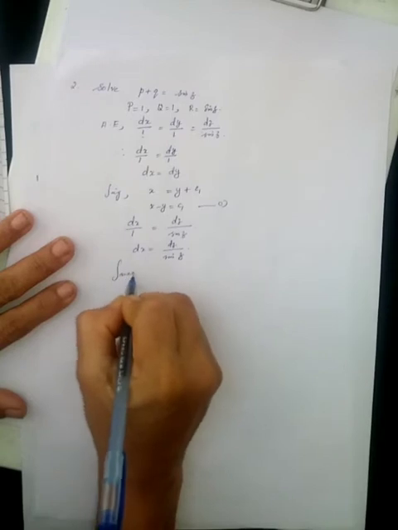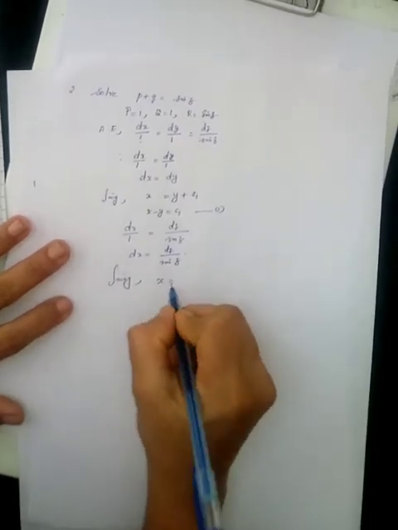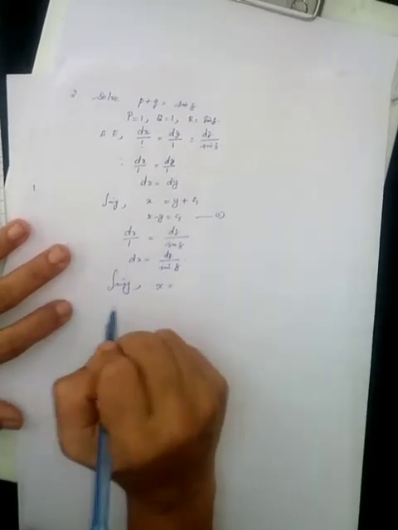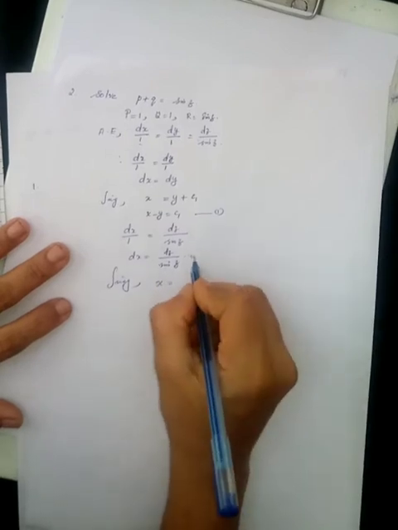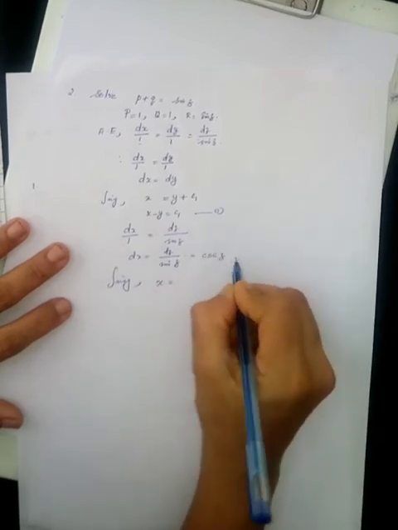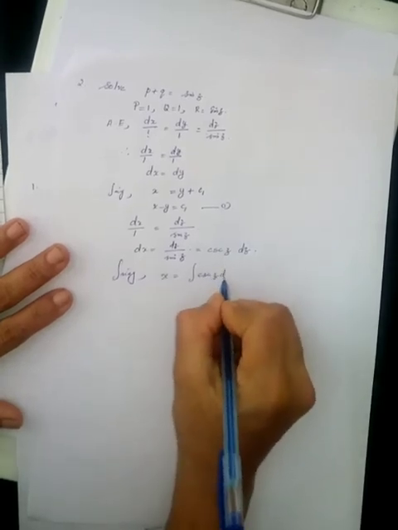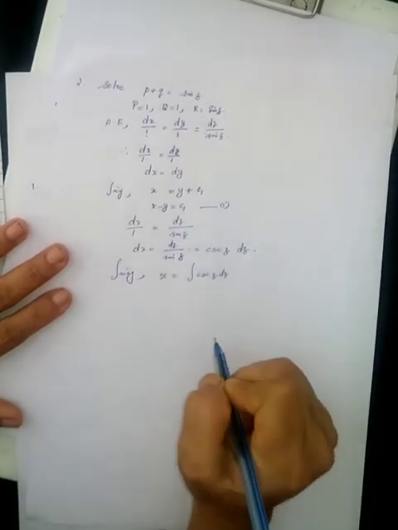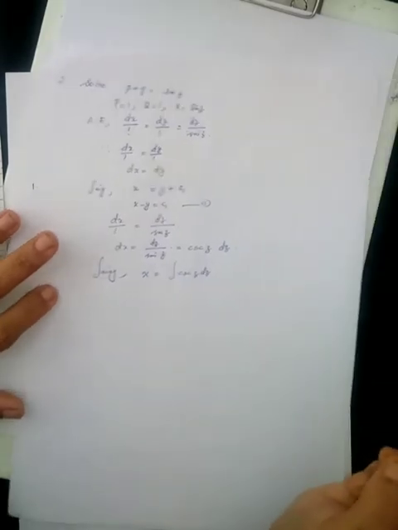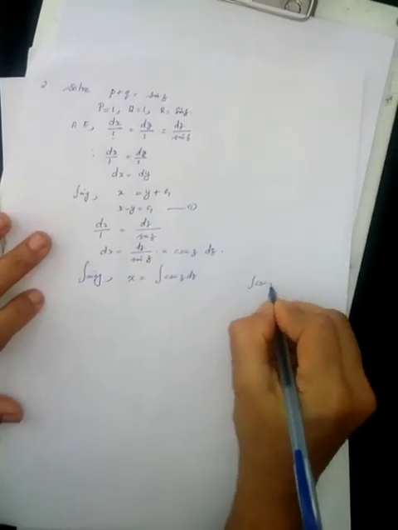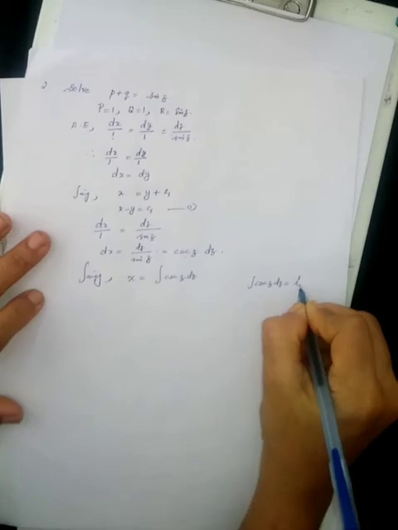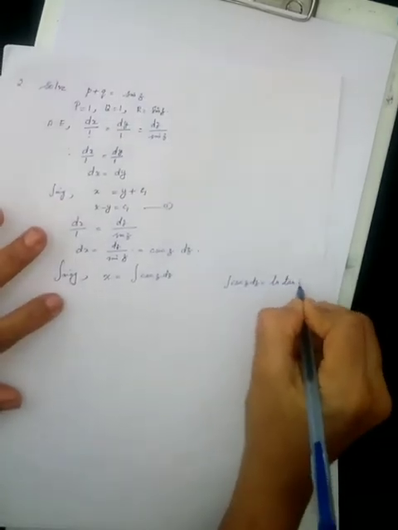Now integrating again, x equal to integral of dz by sine z. This is equal to, we should write, cosec z dz. So x equal to integral of cosec z dz, not integral of sine z. It is integral 1 by sine z, and 1 by sine z is cosec z dz. Integral of cosec z is log tan z by 2.